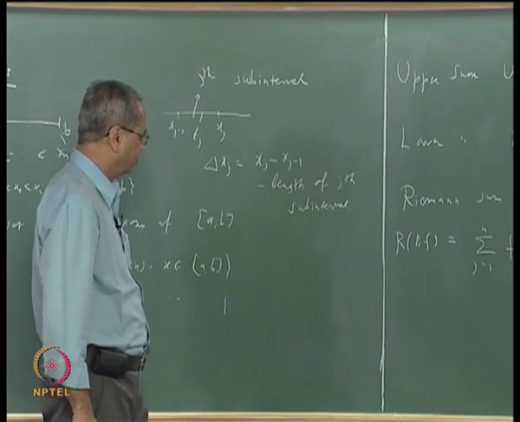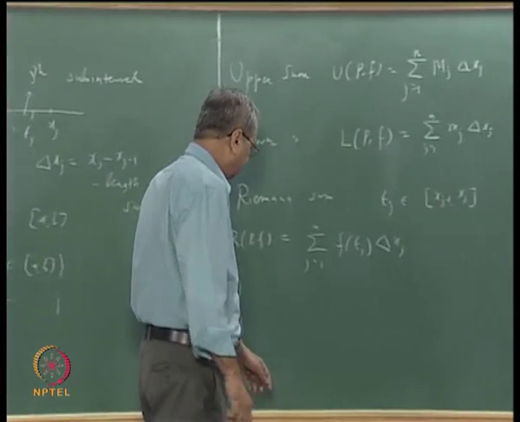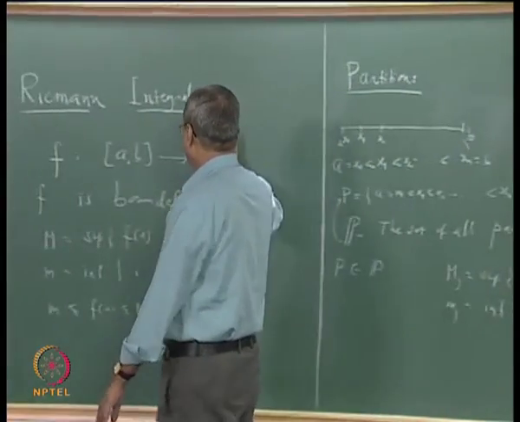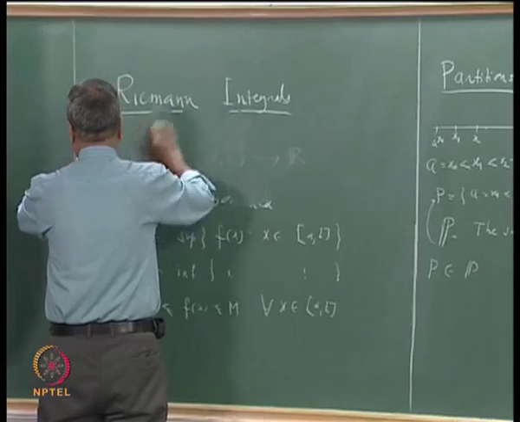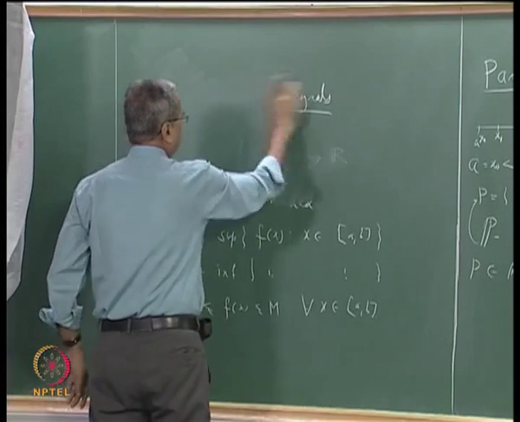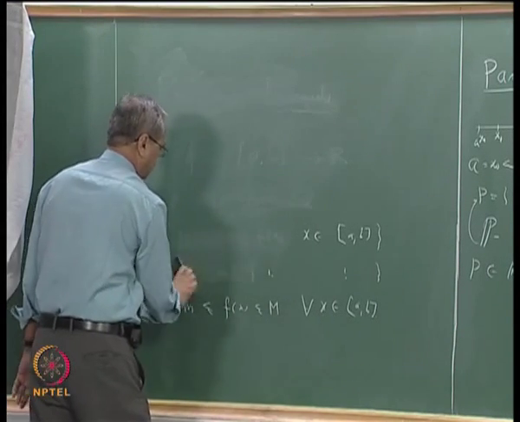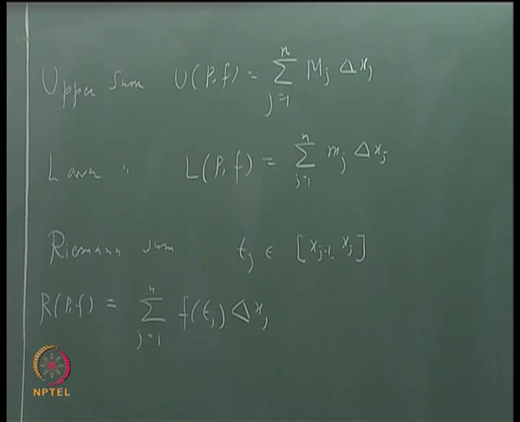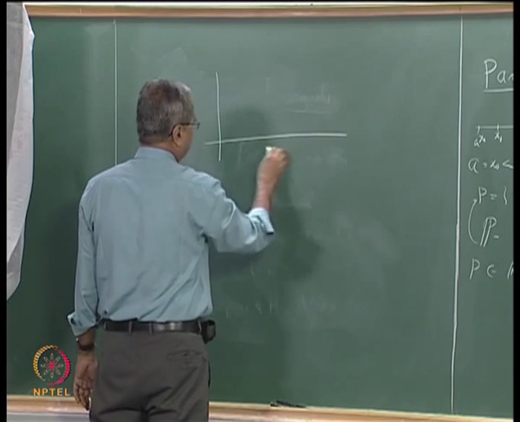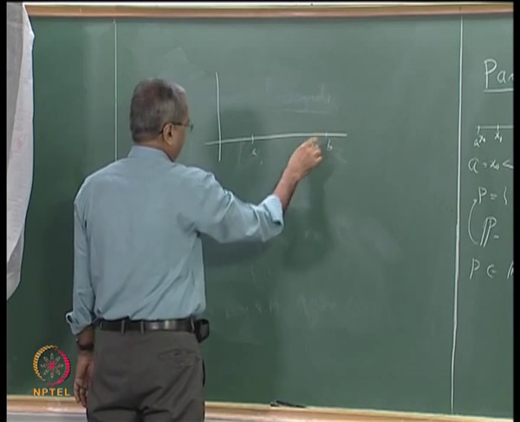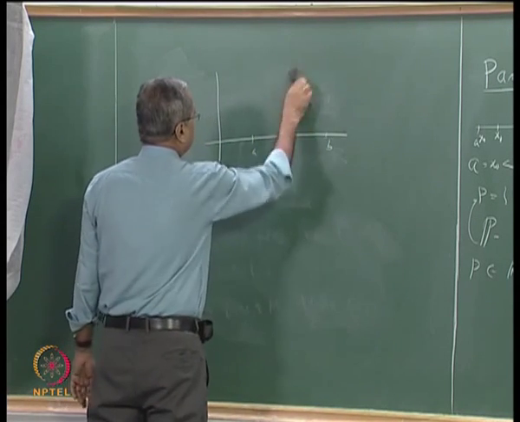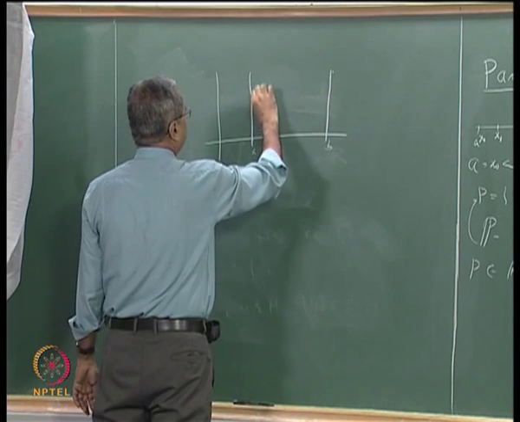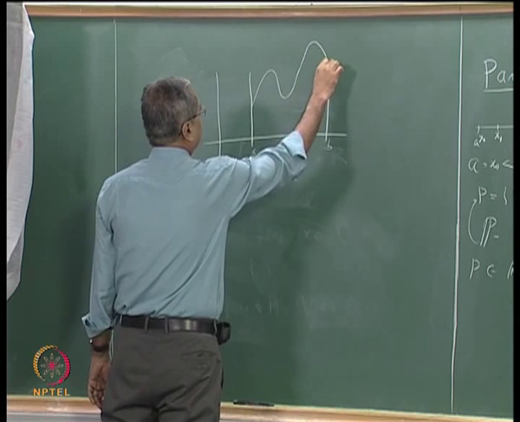Okay. Now before proceeding further, it may be useful to have a look at what these sums represent geometrically. Okay. For example, suppose we have this interval a to b and suppose this is a graph of this function.